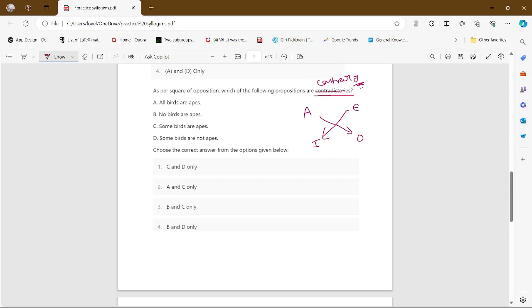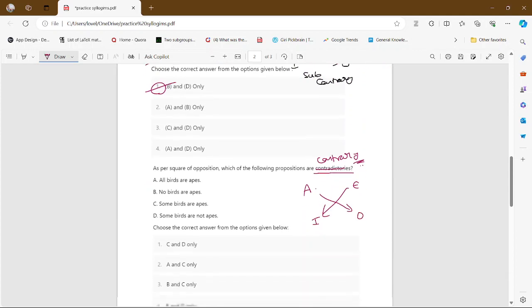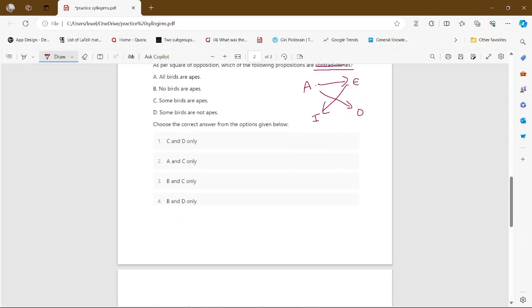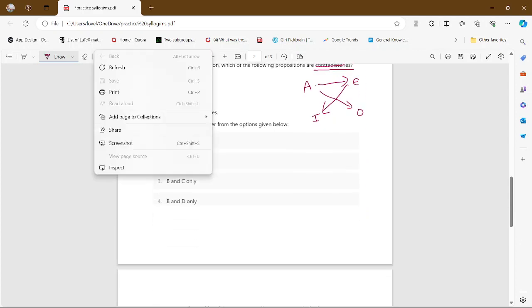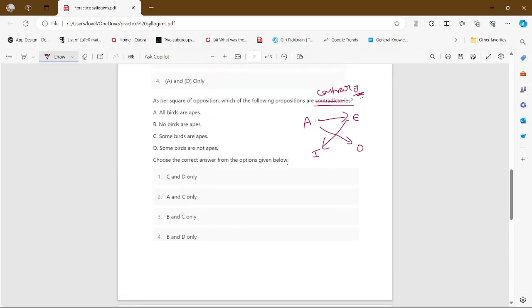If you practice more questions, this will be very easy and you won't even need to draw it. Where is contrary? Contrary is from A to E. So now we have to identify statements of the form A and E.